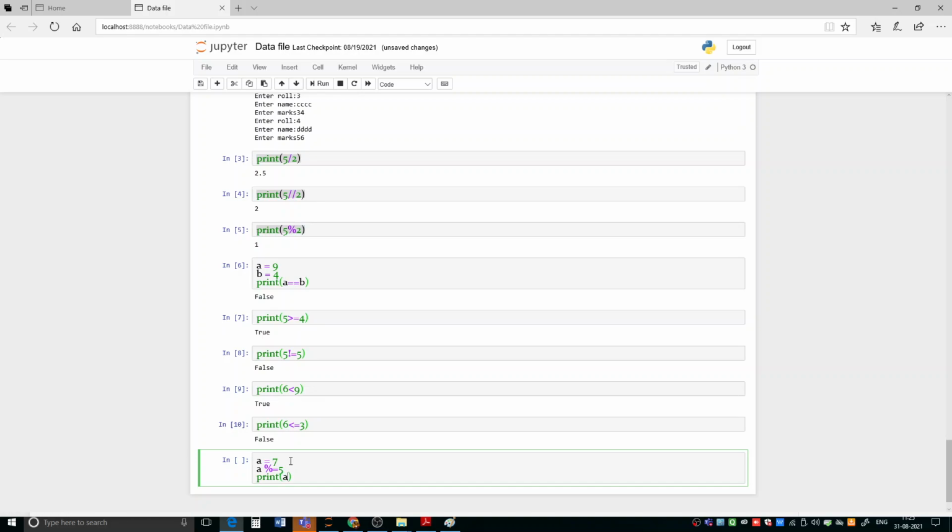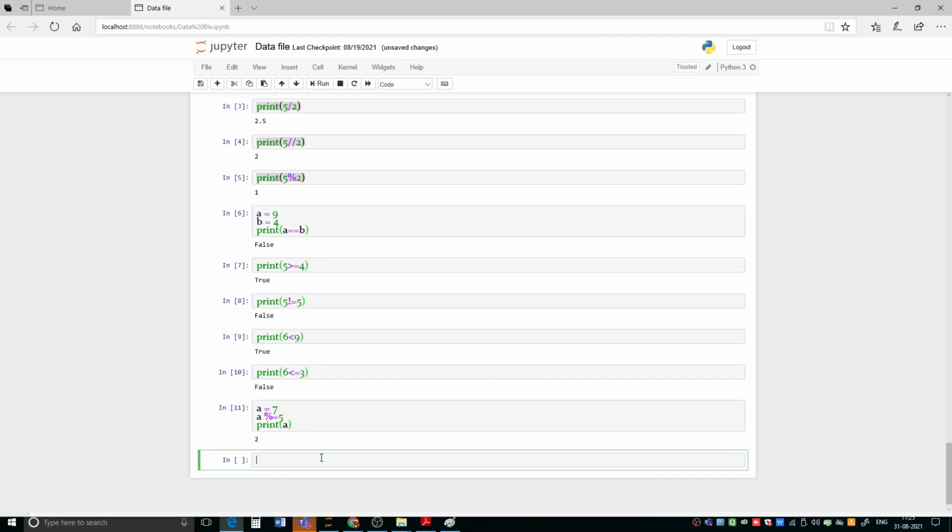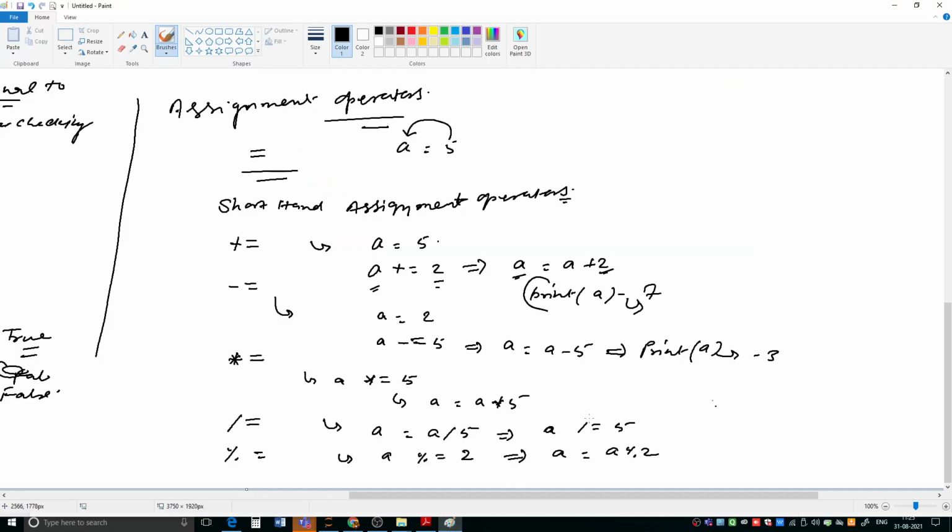Quickly, all of you tell me what will be the value now. 2. Let us check it. Yes, we are getting 2. I hope all of you have got the things. This is how these shorthand assignment operators work.